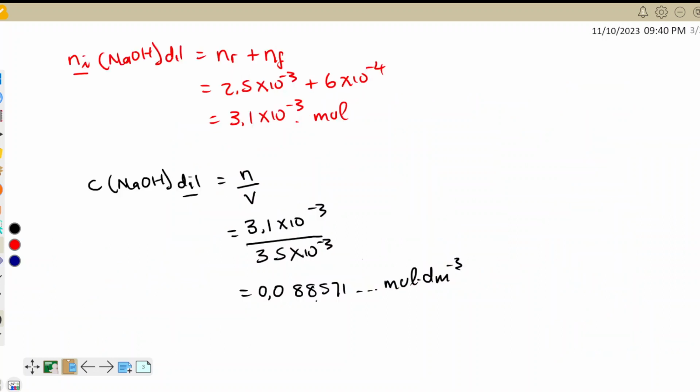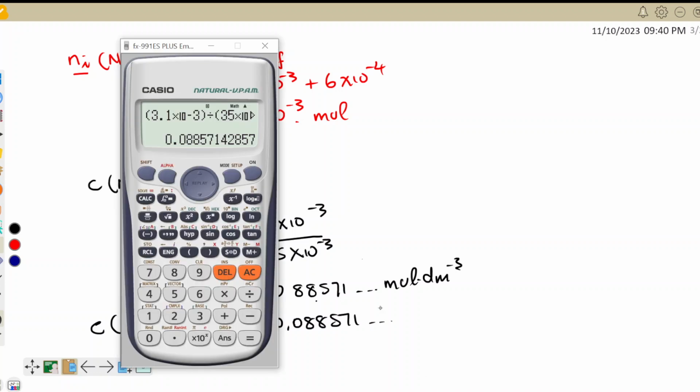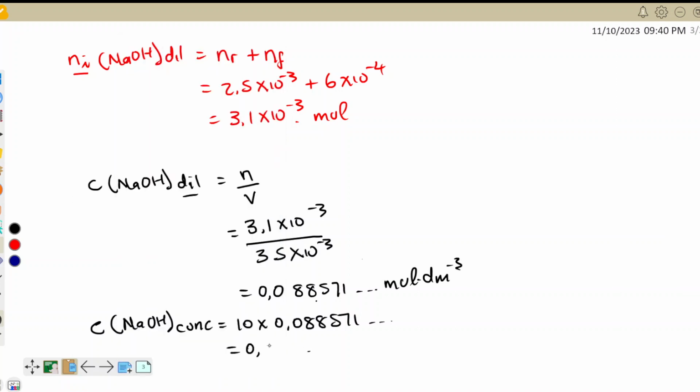So the concentration of the concentrated is 10 times 0.0888571. So we just multiply this by 10. Then the concentration of the concentrated is 0.885, or you can say 0.886 mole per dm cubed.